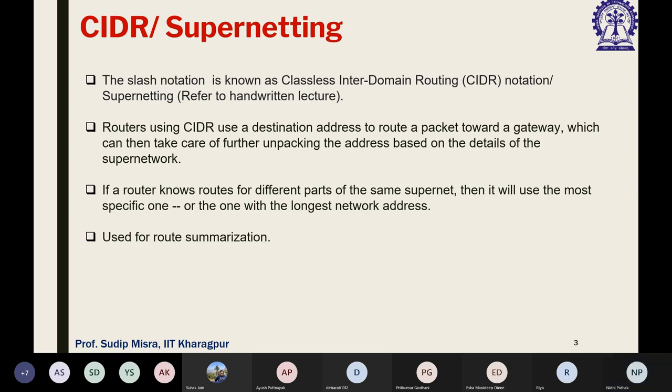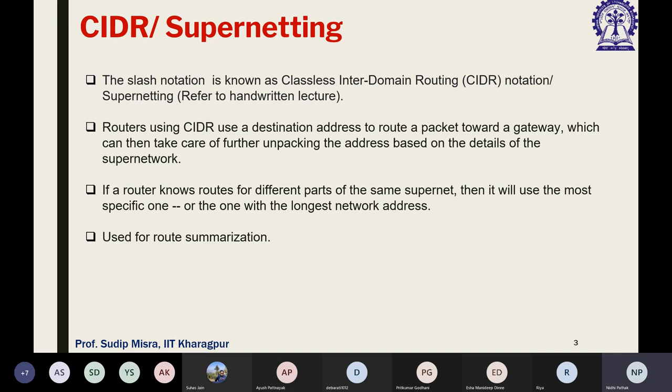So the question is, why do you need it? Think of, let us say, that you have a router, and that router connects to another internal switch or router, which handles, let us say, 4 or 5 different smaller networks.